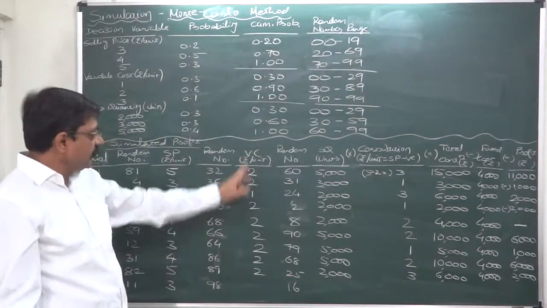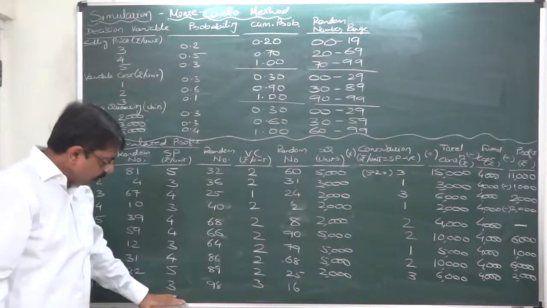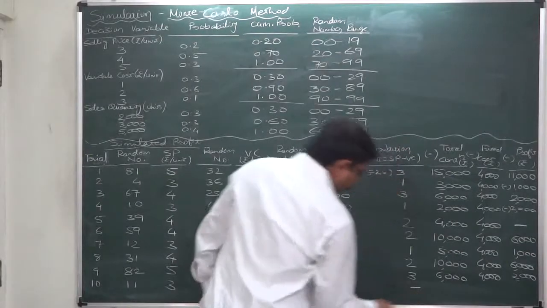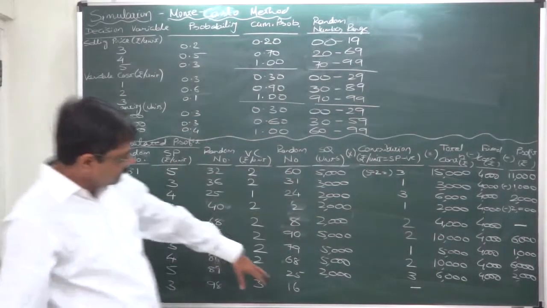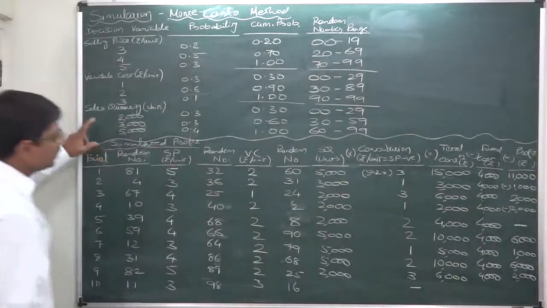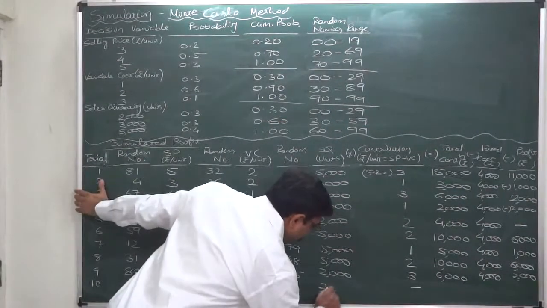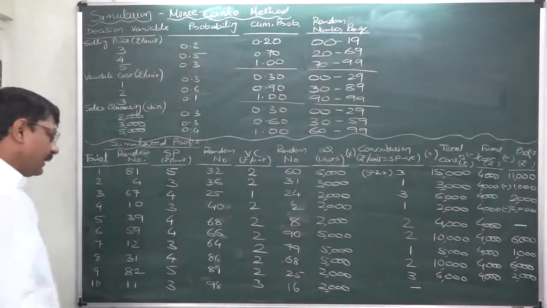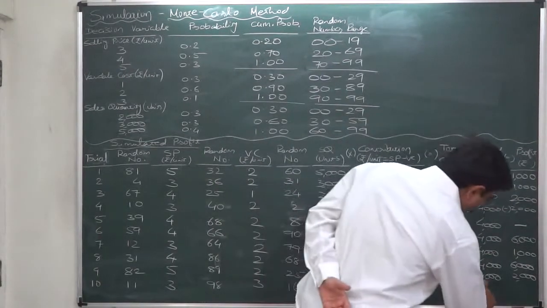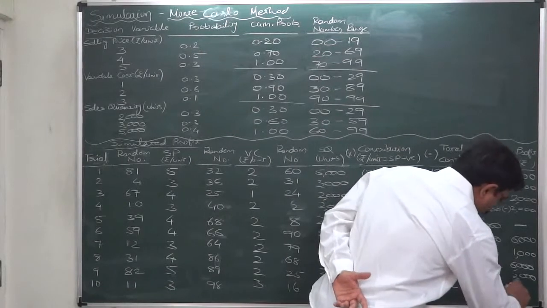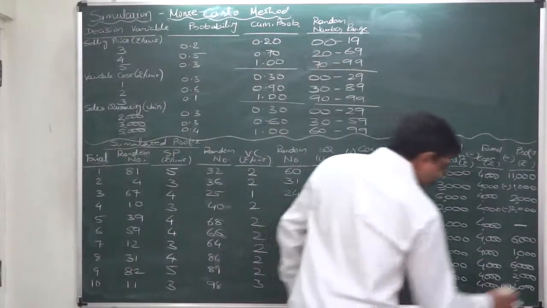Second number stands for variable cost, so the possible variable cost for this trial comes to 3. 3 selling price, 3 variable, no contribution. 16 is the random number 3 for the 10th trial, that stands for sales quantity. 16 falls in the range 00-29, so 2000 units can be the expected sales quantity for the last 10th trial, but no contribution and we have to write off 4000, so ultimately loss of rupees 2000, sorry, not 2000 but 4000 can be expected.